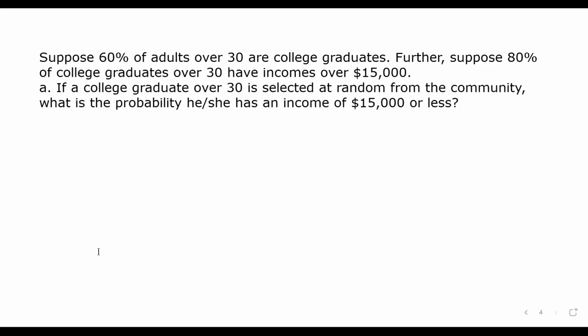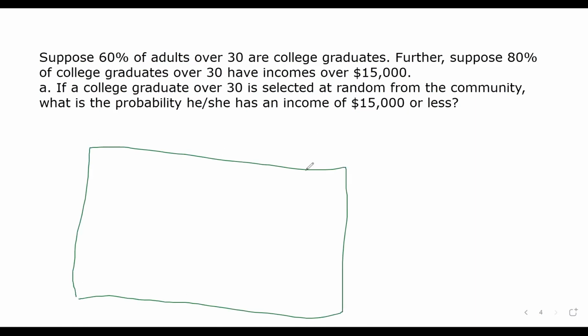So we can think of the universal set as being a college graduate over 30. Oh, sorry, over 30 is going to be the set, not whether or not they're college graduates, right? So there could be college graduates, there could be not college graduates. So the over 30 part is going to be the universal set.